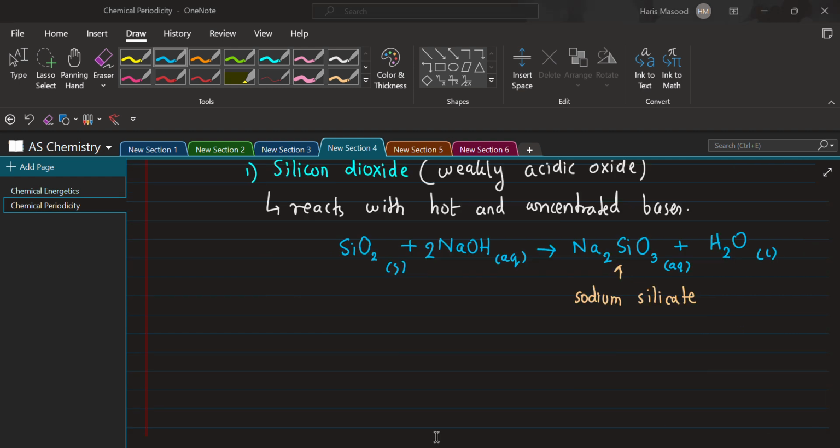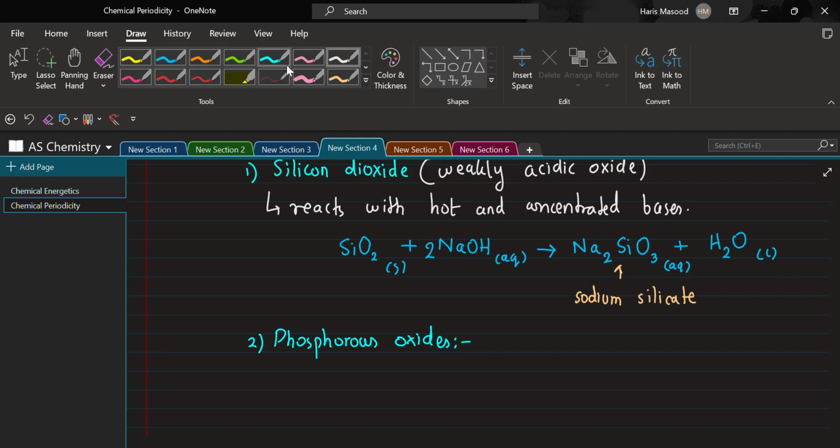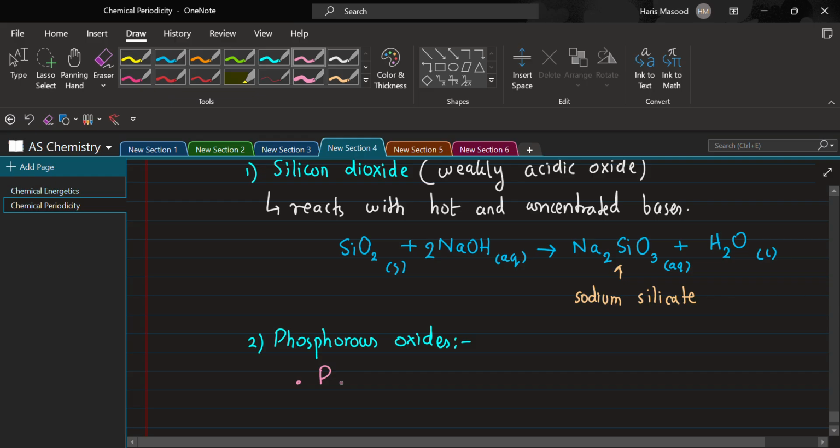For the phosphorus oxides, we have P4O6.